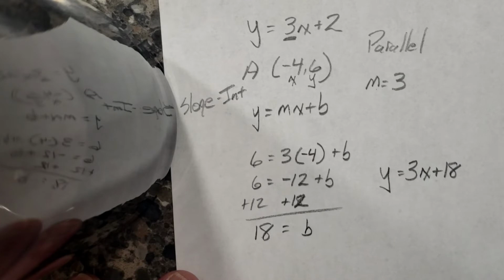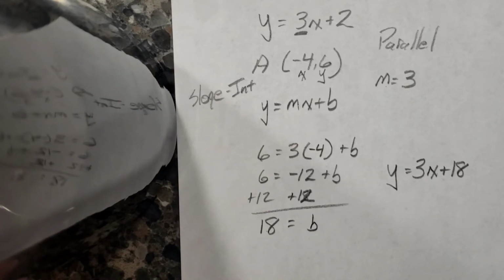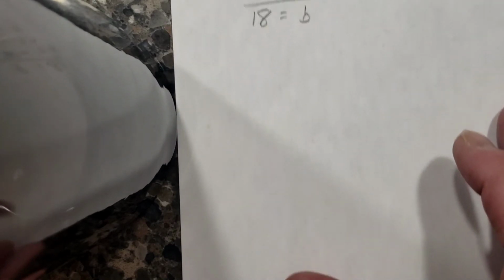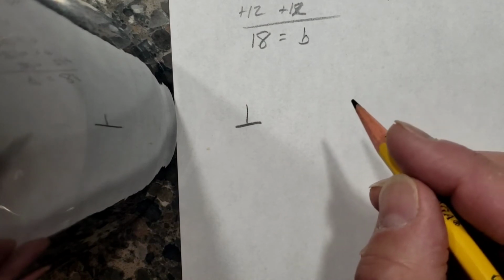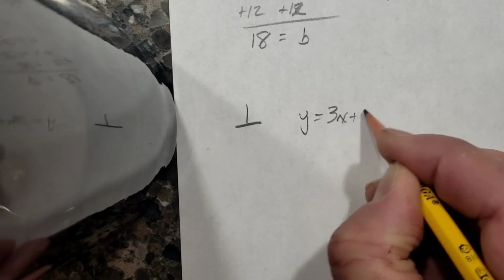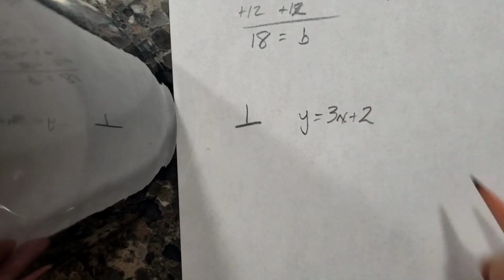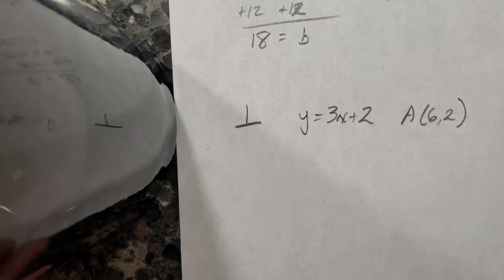Now the next one on that page, slide 4, talks about the equation of a line perpendicular. Now we want perpendicular, and the equation is y equals 3x plus 2 and passes through the point 6, 2.